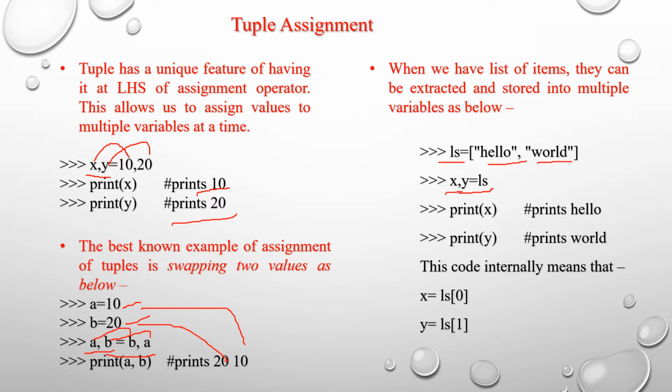If you print x, the interpreter will print hello. If you print y, the Python interpreter will print world. Internally this code means x is equal to ls of 0, where 0 is the index value for hello, and y is equal to ls of 1, where 1 is the index value for world.